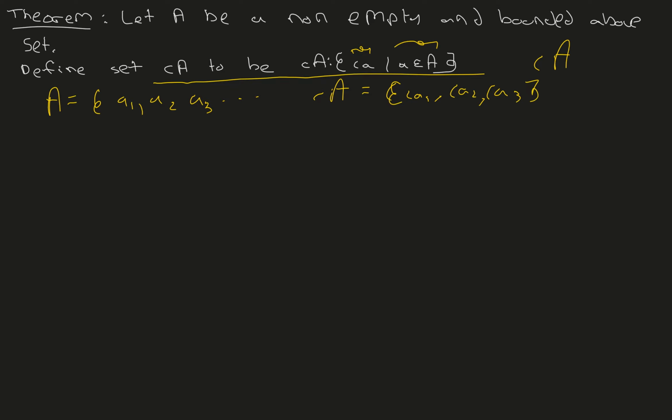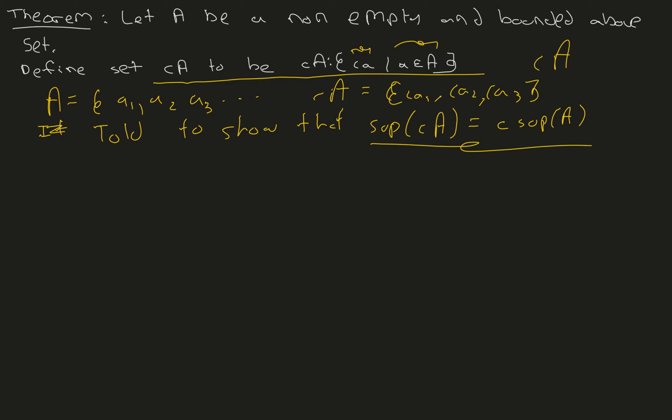Right, and now we're told to show that the supremum of the set CA is the same as multiplying the supremum of set A by C. Well, let's see if it's true. Let's do the proof of this theorem.